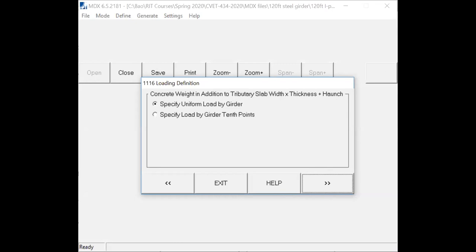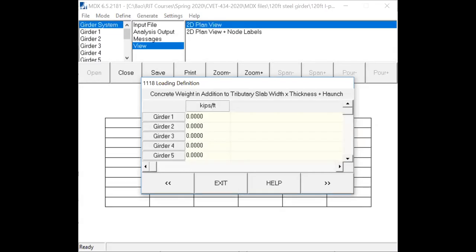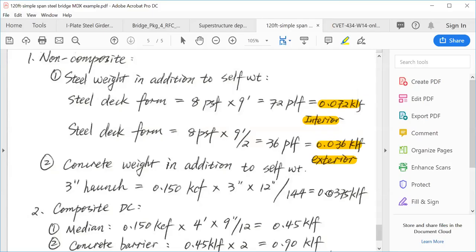So in order to do that, I'll put the haunch weight. Okay, so put 3 inches haunch and 0.150 kips per cubic foot times 3 inches times 12 inches, which is top flange width, divided by 144.